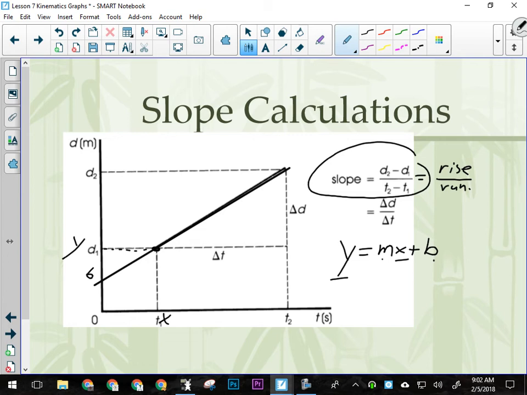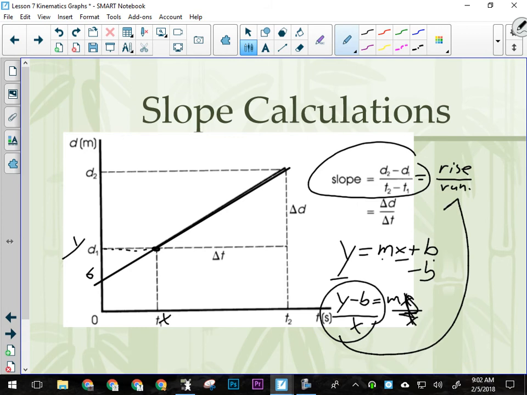B. B is not attached to M. X is. So I'm going to subtract B from both sides. So I'll have Y minus B equals M times X. Divide both sides by X, and I've got my formula for the slope: Y minus B divided by X. That's where rise over run comes from.